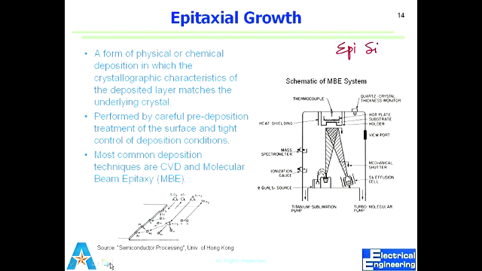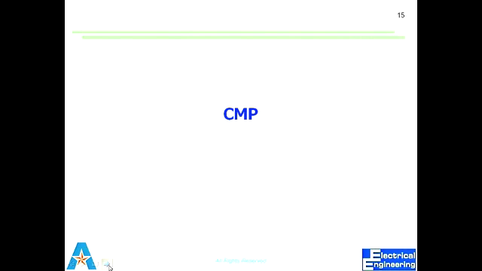Again, it's pumped down to have low pressure, so you can reduce the contamination and have higher mean free paths for the travel. We'll look at epi also once we look at those processes in detail.